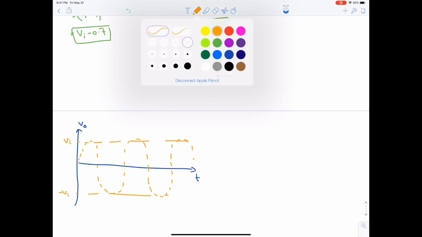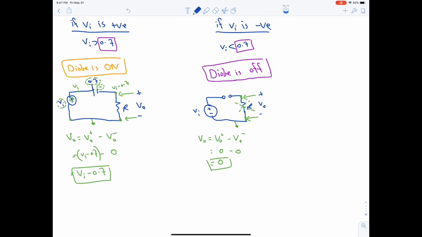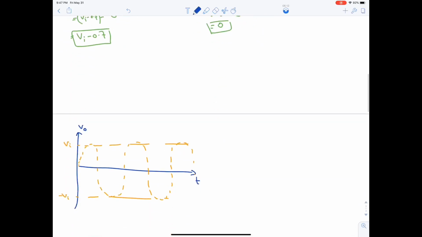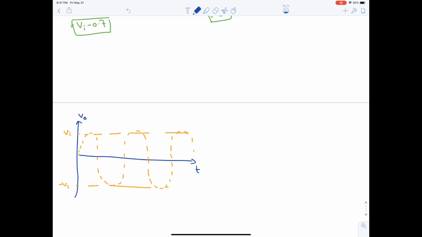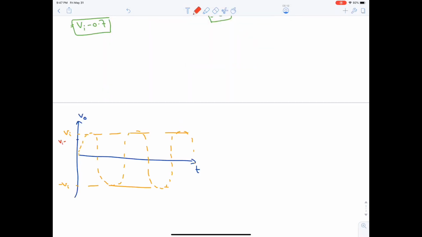Now for V output, if Vi is positive, then the output is Vi minus 0.7. It's here.